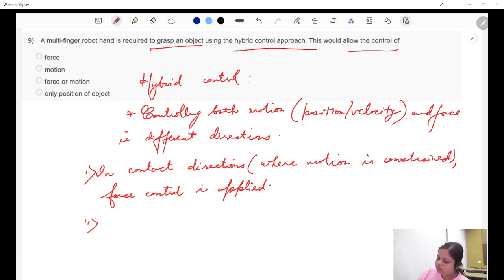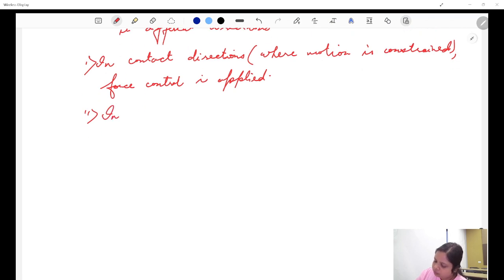In free directions, motion control is used.